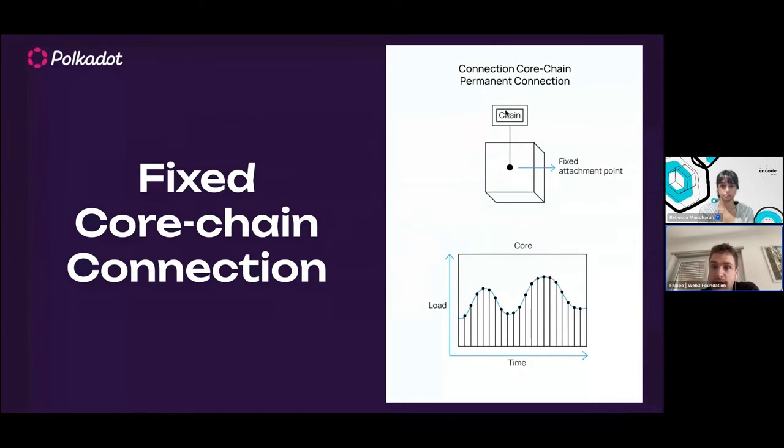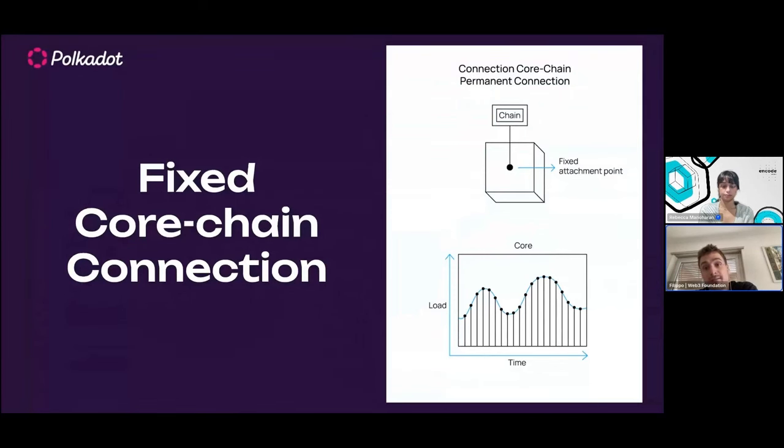You can see this chain is connected to this core. It's a fixed attachment point, and here is a diagram, a representation of the load on this core, right? On this core, there is just one chain. It's the same chain all the time, and if this chain utilizes this core and has a lot of usage, then the resource that Polkadot provides is well utilized.